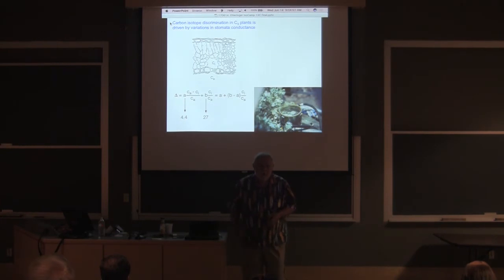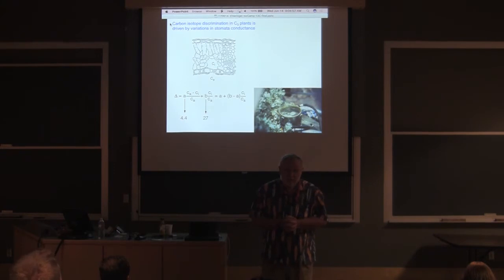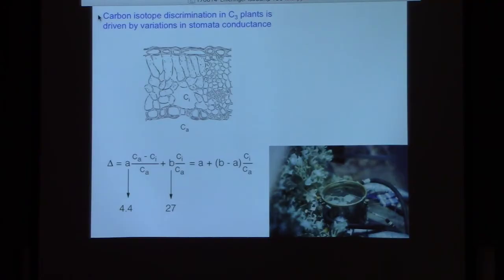So I need to tell you how we relate intracellular CO2 to carbon isotope ratio. And we do it with two simple observations. The first is that when 13CO2 diffuses across the stomates and into the intracellular spaces, it diffuses at a rate called A, which is the diffusion coefficient I had on background slide number 2.